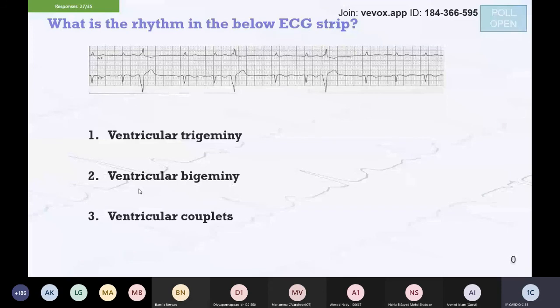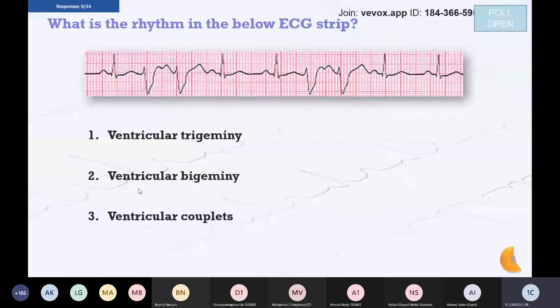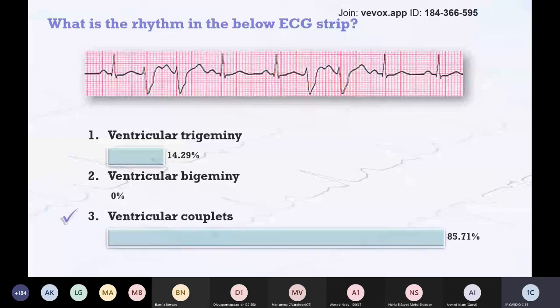That's correct. So let's take this one. We have here trigeminy, bigeminy, and couplets. Couplets means a couple together. So we have 85% of people who said couplet. That's the correct answer, because they are two together.